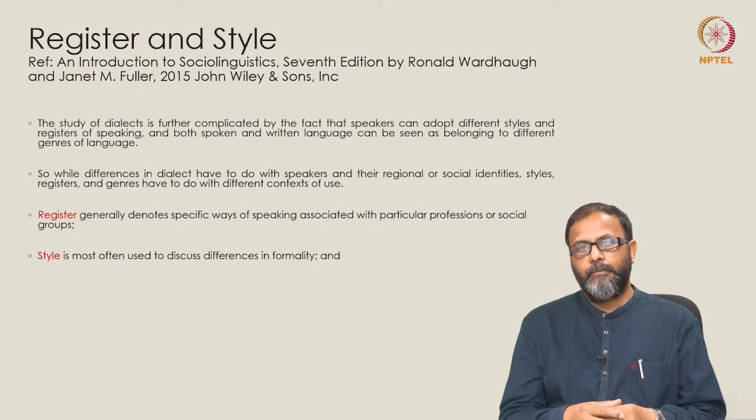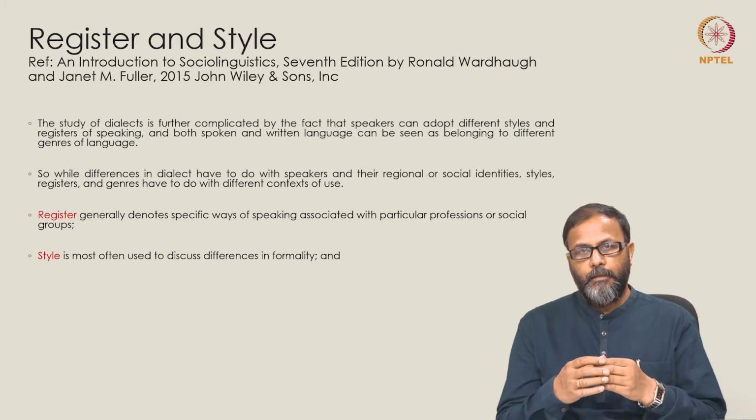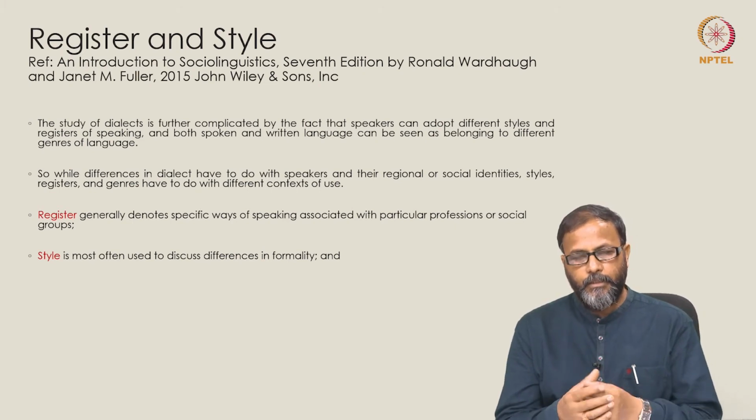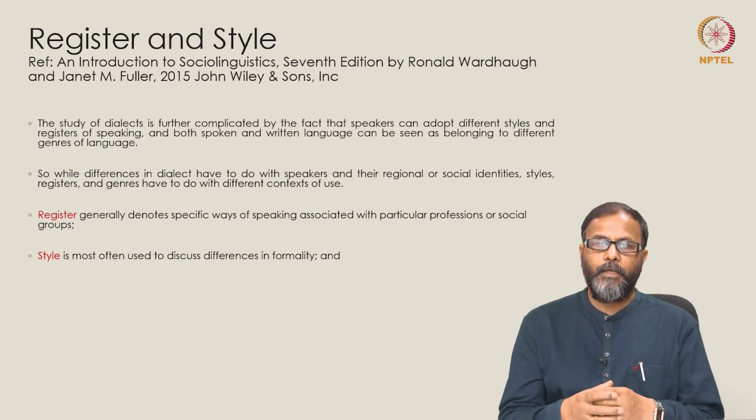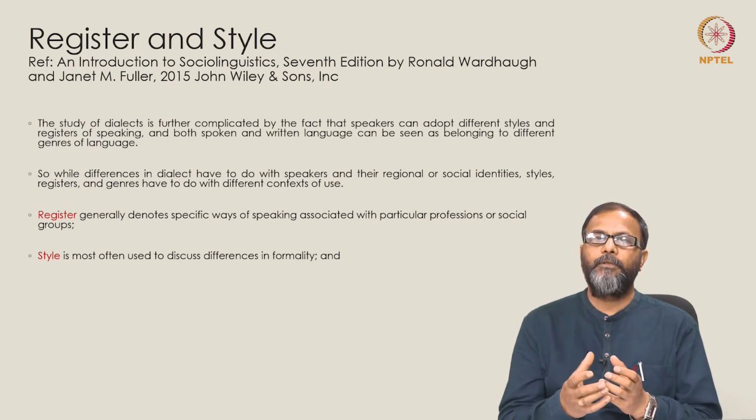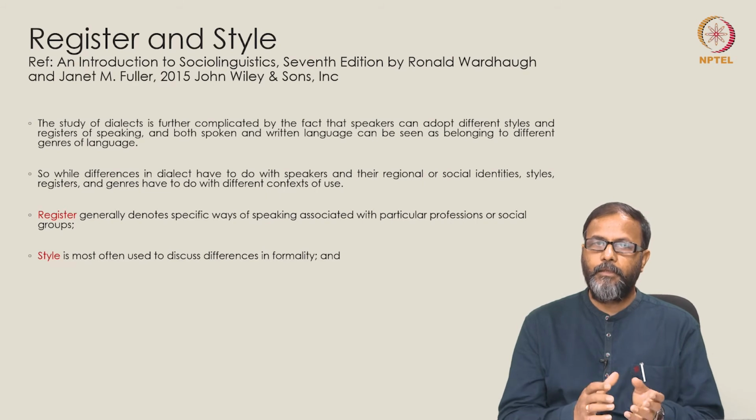But registers or styles are the form of that particular variety according to the context or the domain in which it is used. That is the difference we need to understand, right?